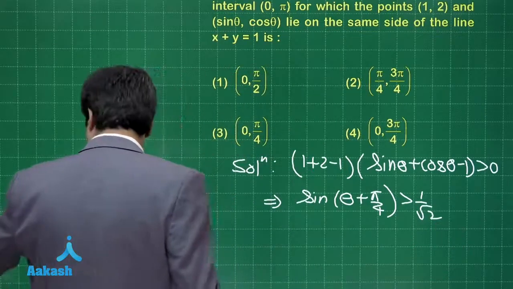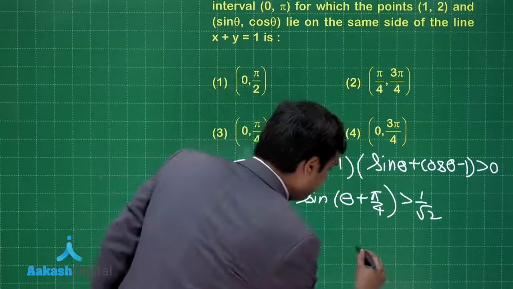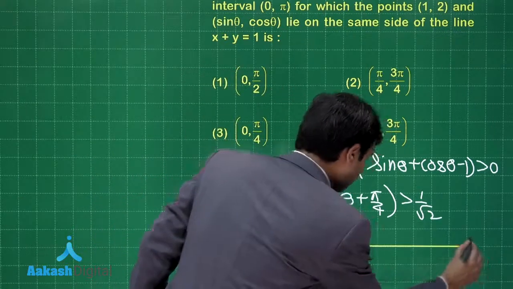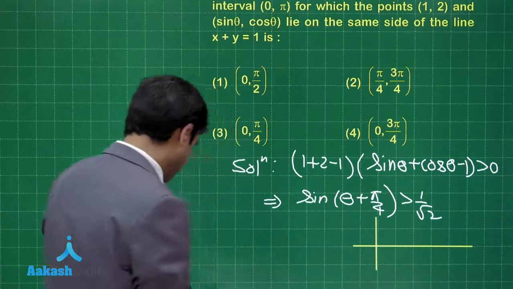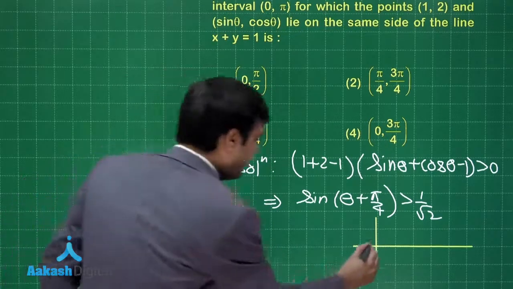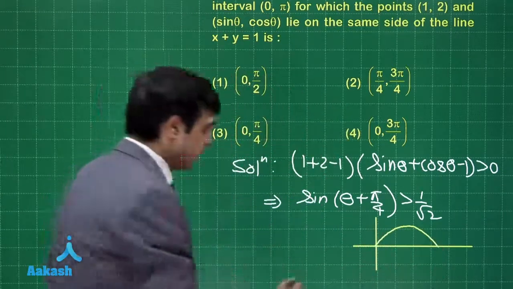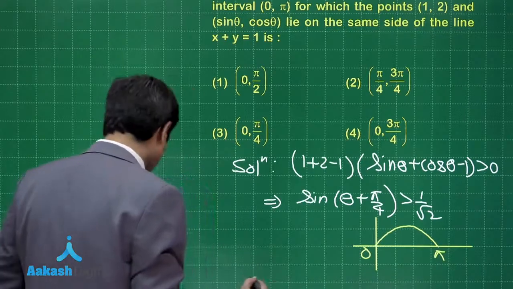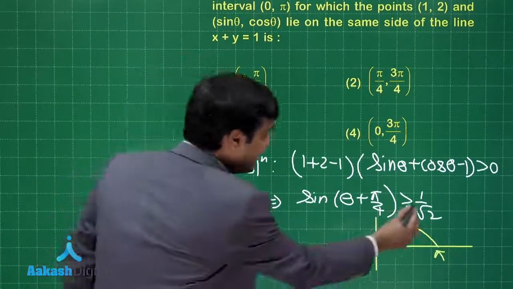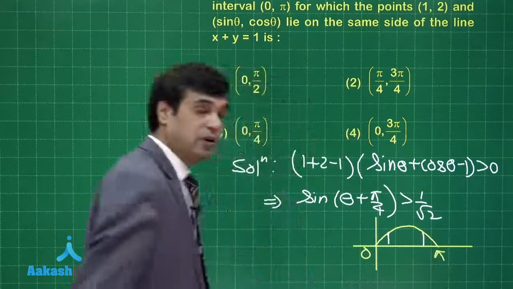If I plot the curve of sine theta, I can see here like this. Let's say x-axis and y-axis are being drawn, and simply I draw a curve like this. 0 to pi only, because the question is talking about the curve 0 to pi. Now when I check this part, what I can see here, this is 1 by root 2, meaning it will come at pi by 4 and 3 pi by 4.